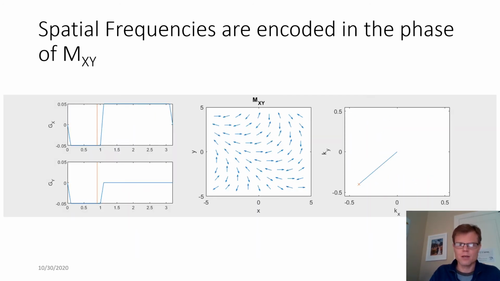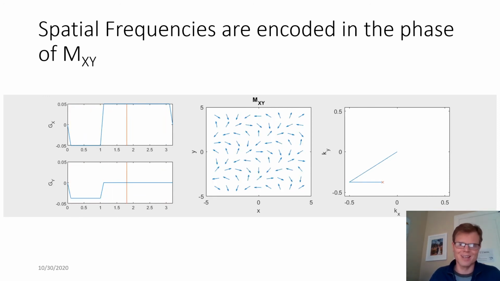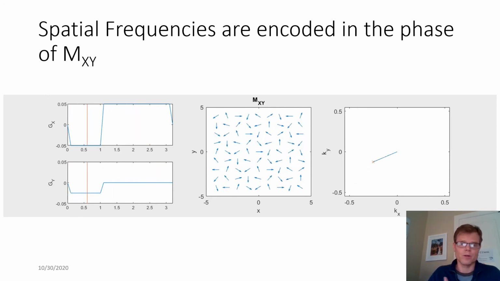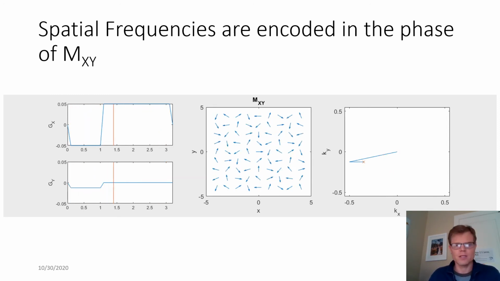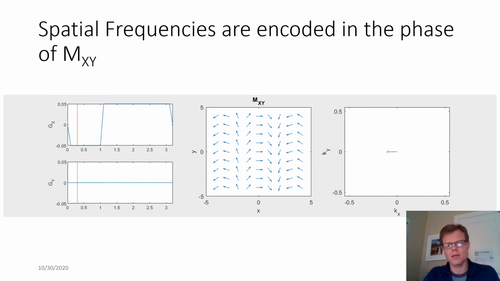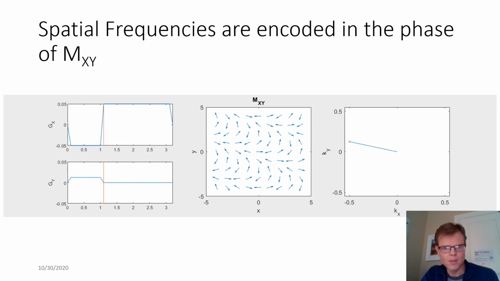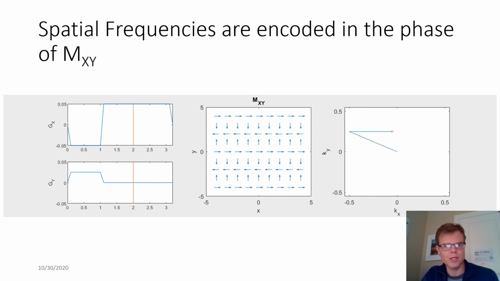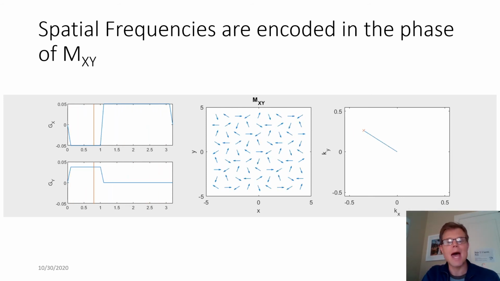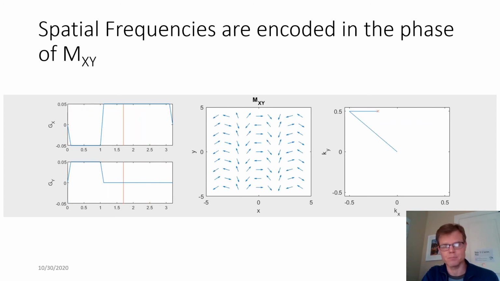But first, here's a more realistic case where we use this initial dephasing gradient. And then we can see here the K-space trajectory itself is also being plotted. And you can see that different points in the K-space trajectory correspond to these different patterns of the phase in the transverse magnetization.